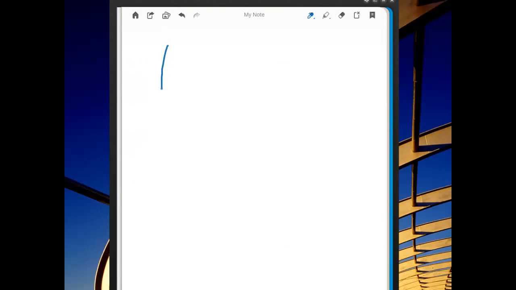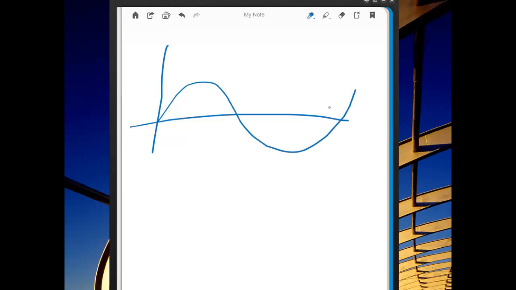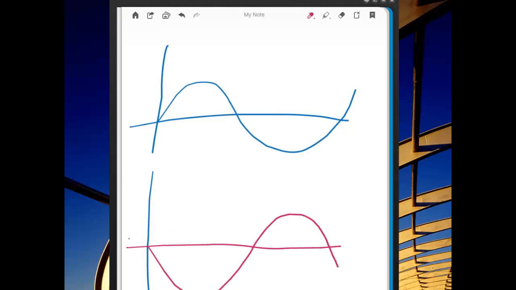Okay, so let's put the X and Y, and let's say this is a sine wave going this way. What if another sine wave is happening exactly the same, and instead of starting with up, inverse, so we start like this, like that, and like this.